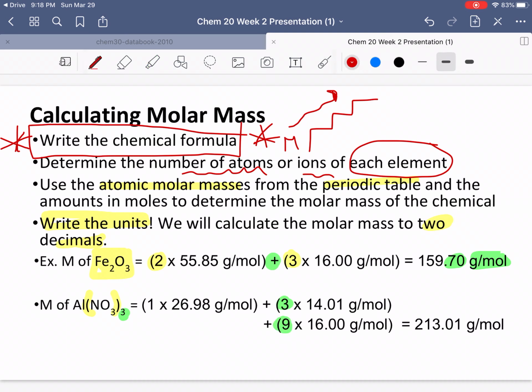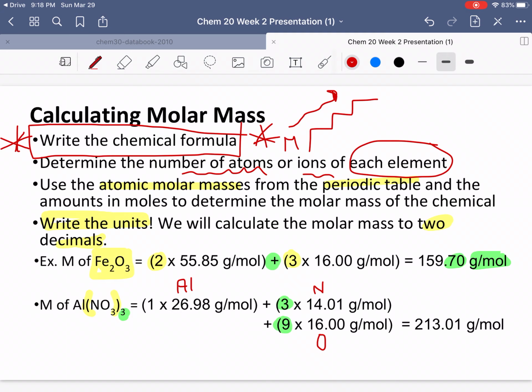That's really important to recognize. Okay, so this first one is relating to aluminum, the next one with times 3 is related to nitrogen, and the last one is related to the oxygen. Make sure that you're multiplying by the correct number of atoms or ions.